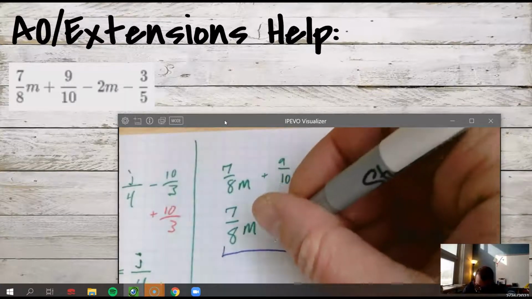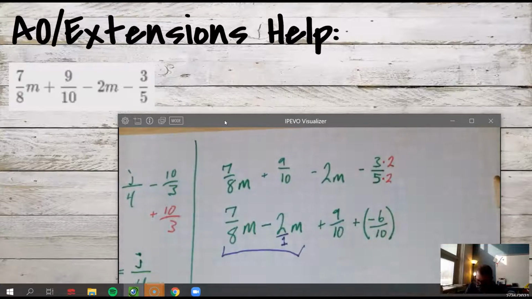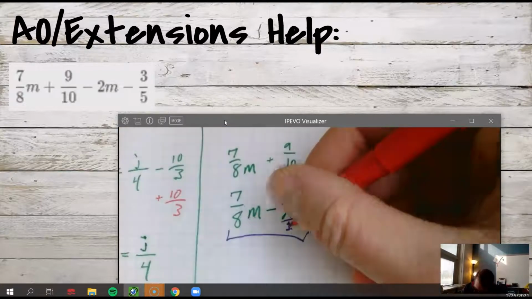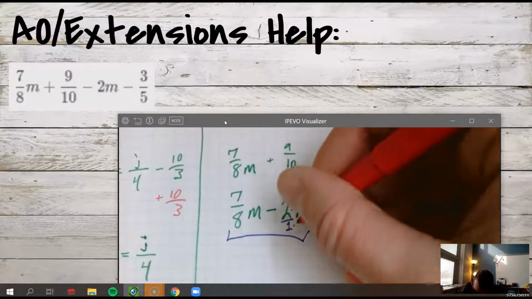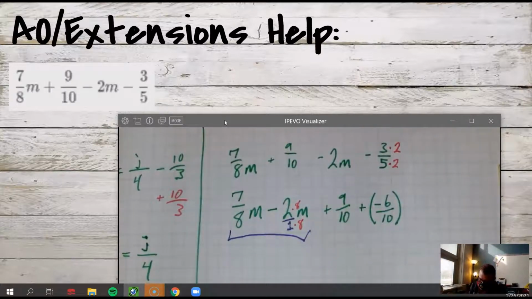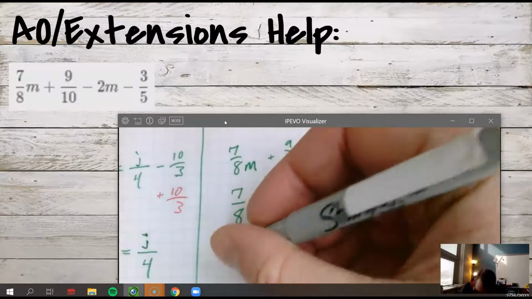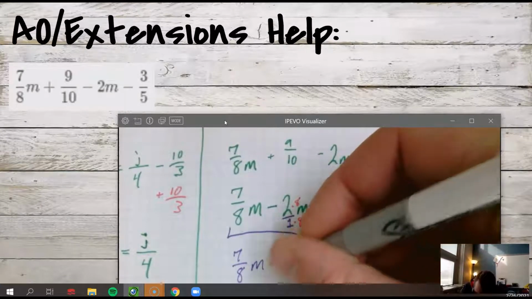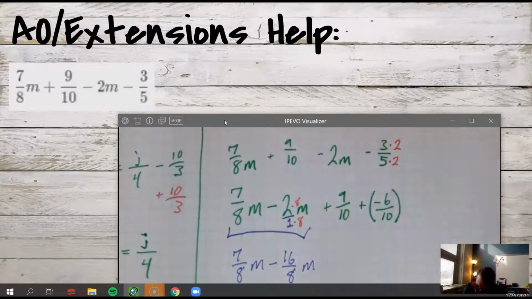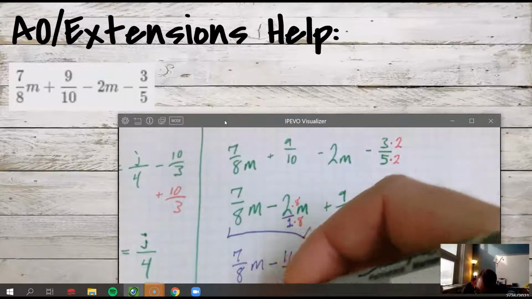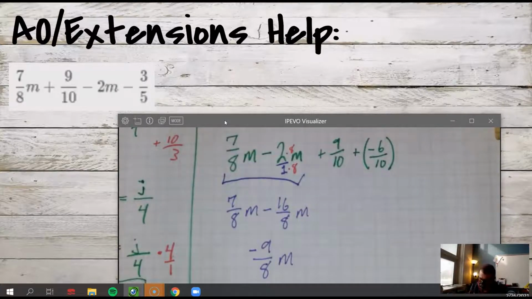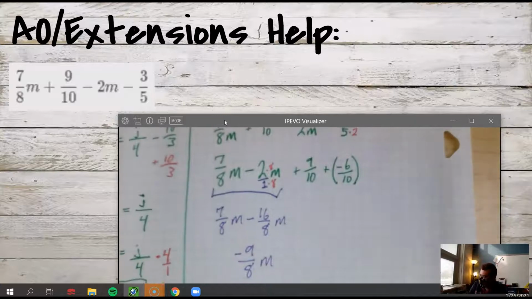If I can't think about that in my head, I could put the 2 over 1, and then get to common denominators by doing the times 8 on top and bottom. So if we want to write that out, it would be 7/8 m minus 16/8 m. That gives me a negative 9/8 m, which is that 1 and 1/8 that I commented about a second ago.